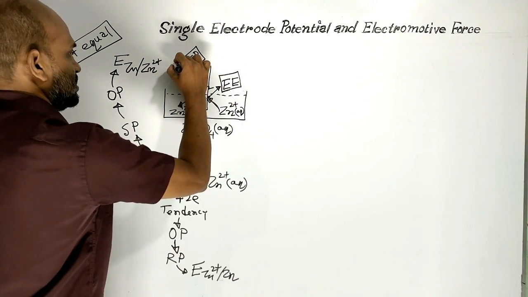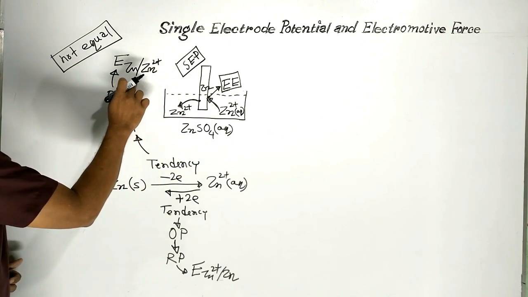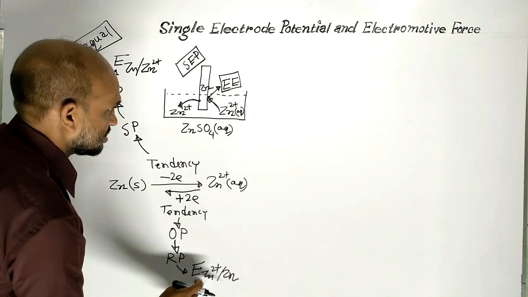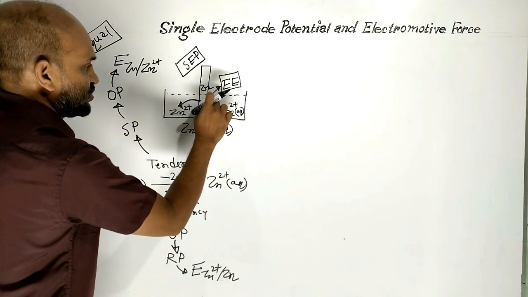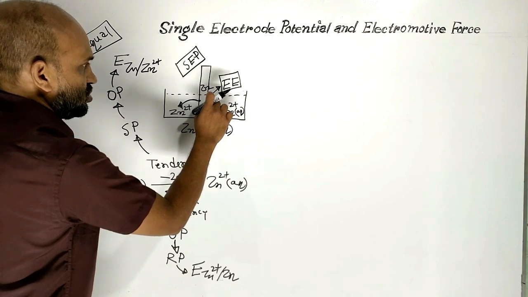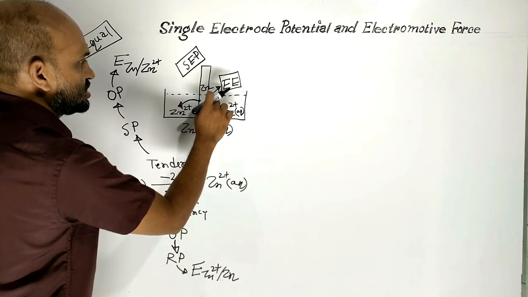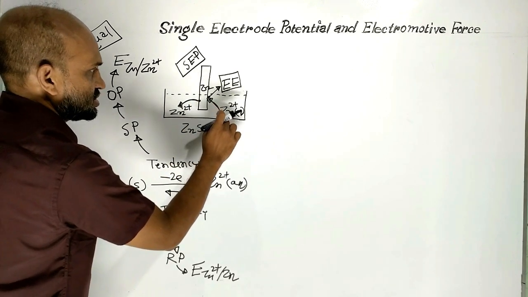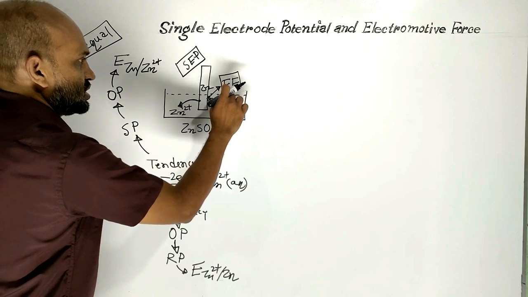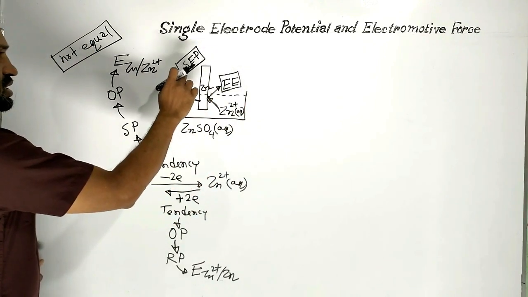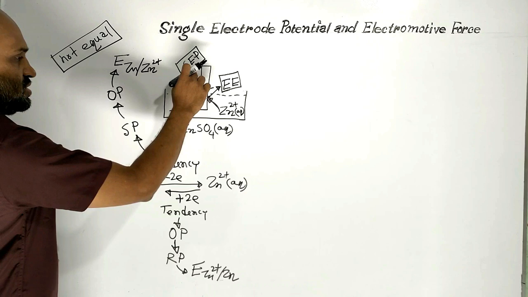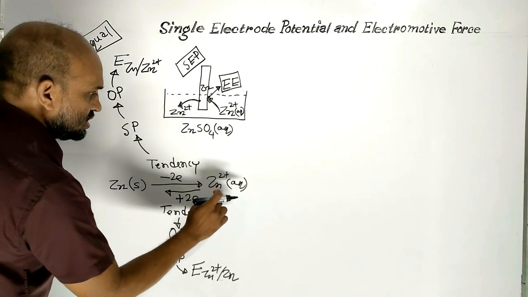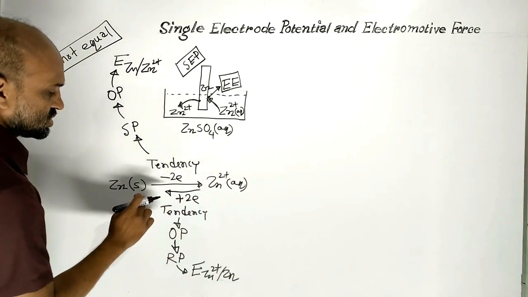Single electrode potential gets created due to the inequality of oxidation potential and reduction potential of these two processes.